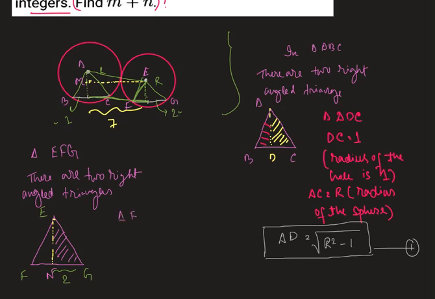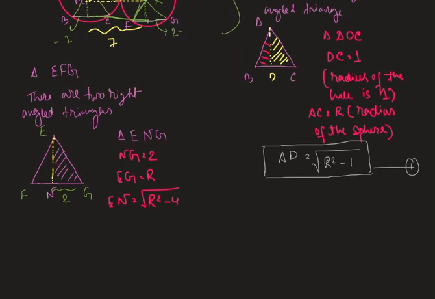In triangle ENG, the value of NG is equal to 2, the value of EG is equal to r. Therefore the value of EN is equal to root over r square minus 4.